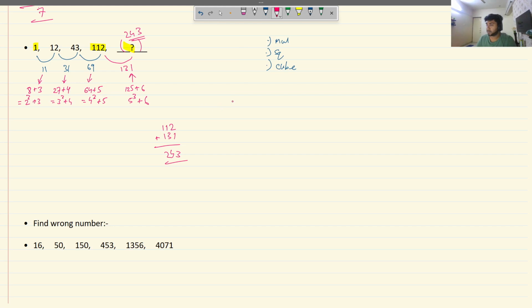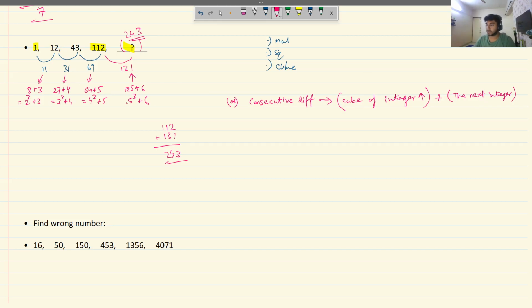So here my logic was consecutive difference is cube of integer that keeps increasing by 1 plus the next integer.